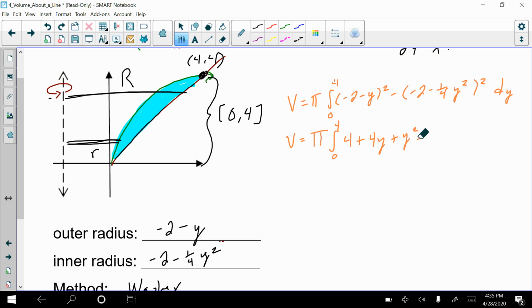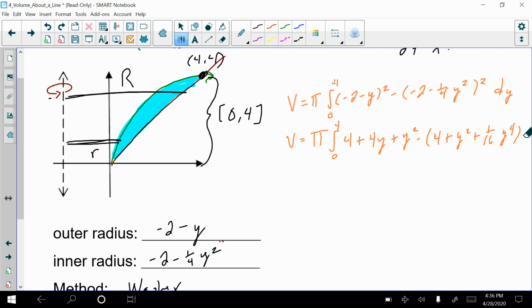And when you expand the second binomial, -2 minus 1/4 y squared, we're going to get in parentheses 4 plus y squared plus 1/16 y to the 4th. And I'm running out of space on the end there, but you just add the dy at the end.